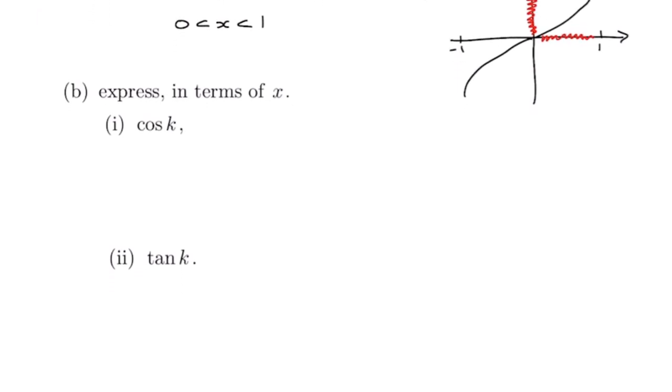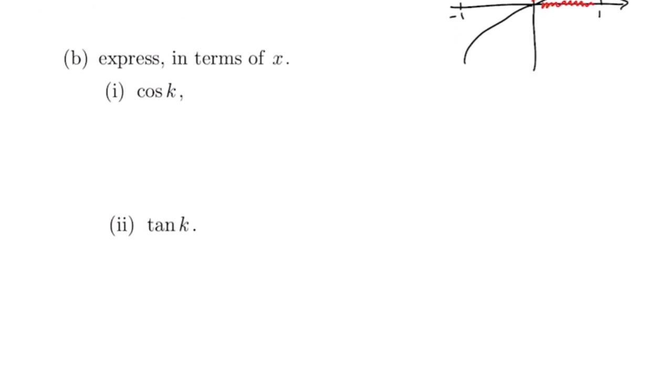It then says, express in terms of x cos k. Right, now if you remember, I'm going to do something similar to what we did before. So, cos squared k plus sine squared k equals 1. If I rearrange that, I get cos k equals plus or minus the square root of 1 minus sine squared k.